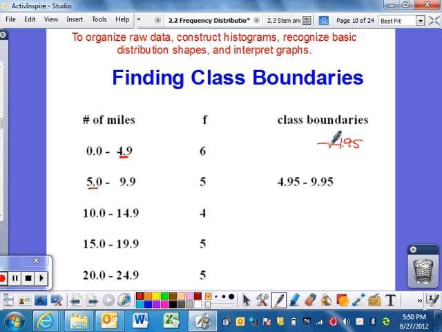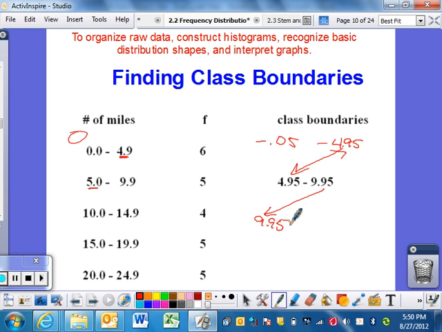Well, now what if there's nothing below? Well, notice that you were just 0.05 apart, so we have to go to negative 0.05 to 4.95. These numbers should be the same, which means this should be 9.95 because that's your boundary. You're never going to have a number fall there. That's why they're going to always be weird numbers, because you don't want a number to fall on your boundary because we don't know exactly where it's supposed to go.